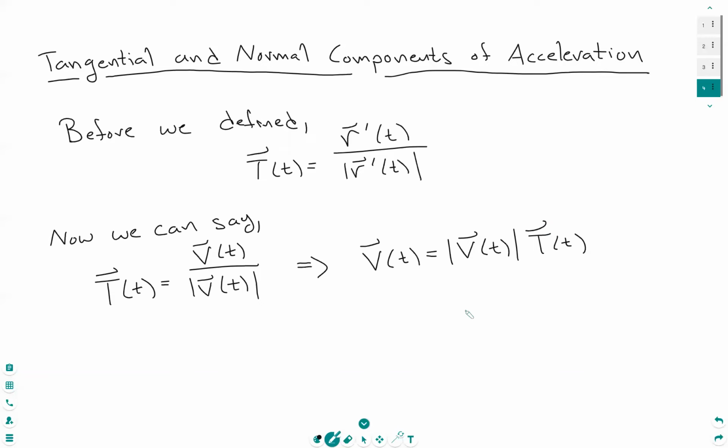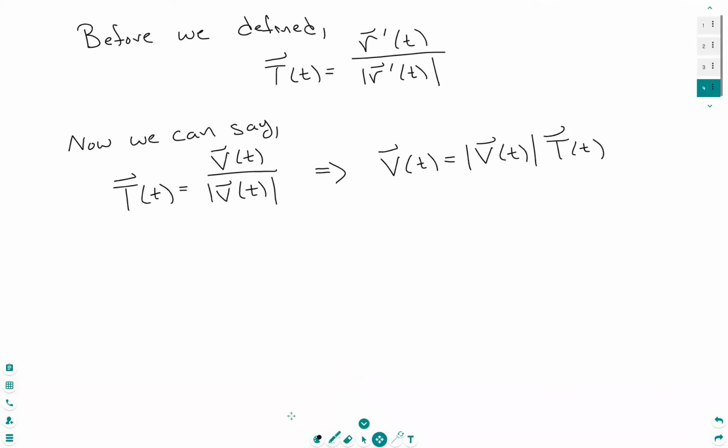Right, so velocity is our speed in a certain direction. But we know that acceleration is the derivative of our velocity. So our acceleration is the derivative of velocity, which is the product rule on these terms here.